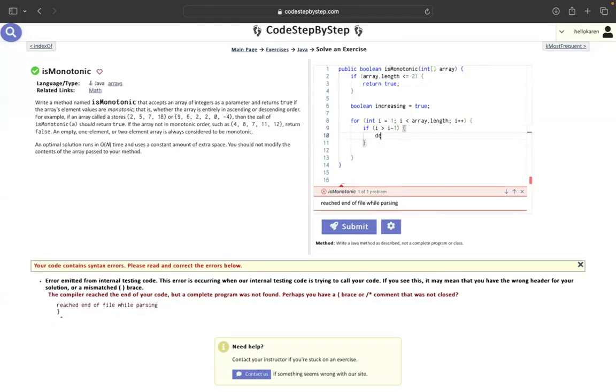And then this would mean that decreasing is false, right? Is it something like this?